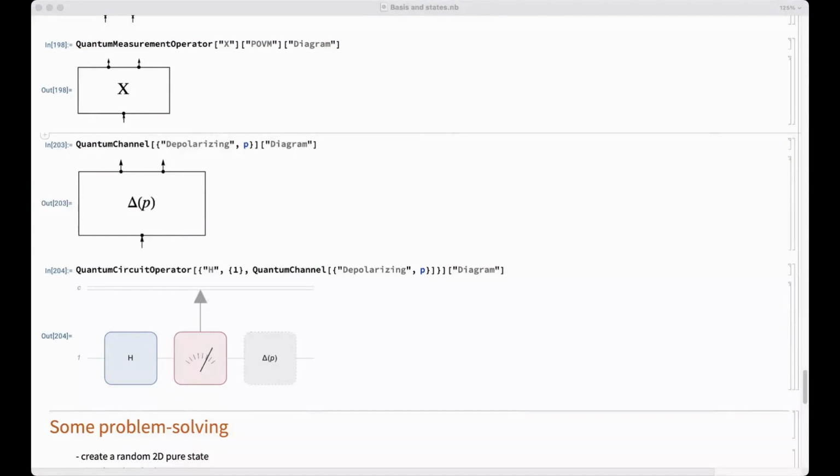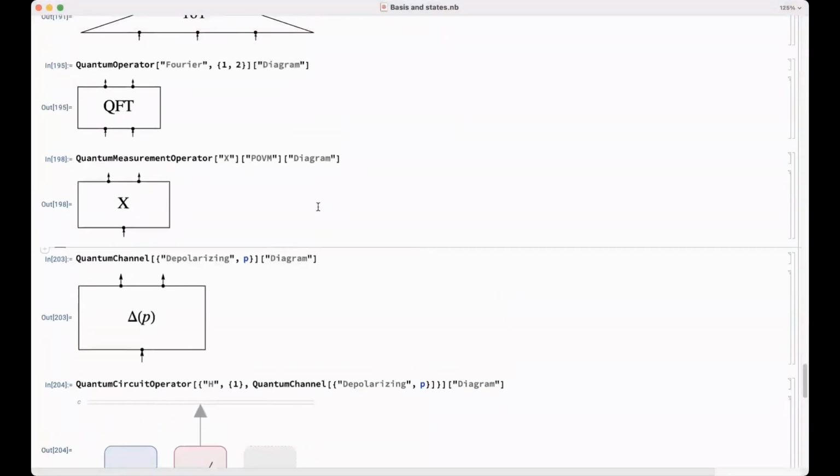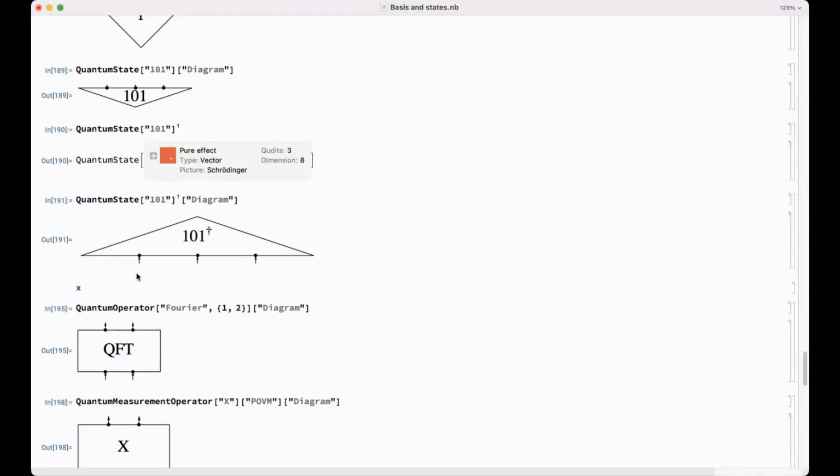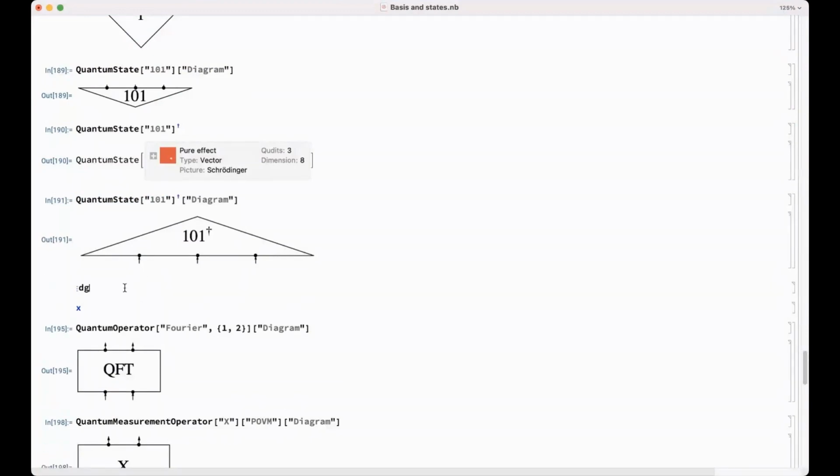What's the shortcut for how I did the dagger here? Well, the usual way is Escape DG Escape. That's how you create a dagger symbol, right? But it's a property of the Wolfram language.